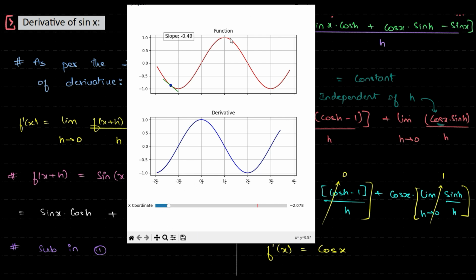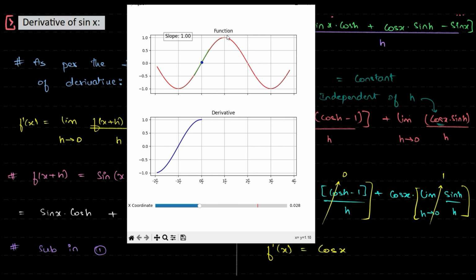Now we are looking at a function and its derivative. So first thing first, let's start off with, say, 0. Okay, this is pi by 2 into 0. So this is 0, this is 90, this is 180, 270, and so on and so forth. So we're looking at two graphs.